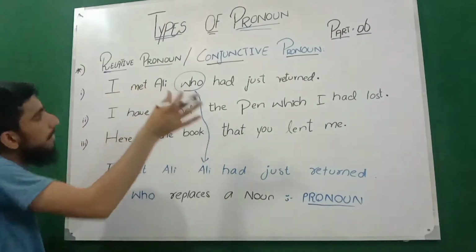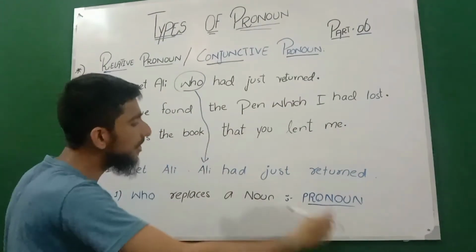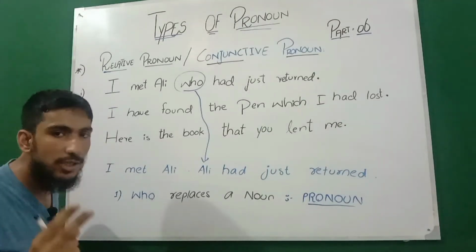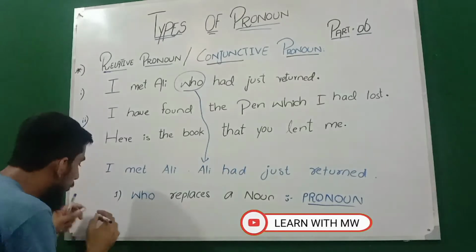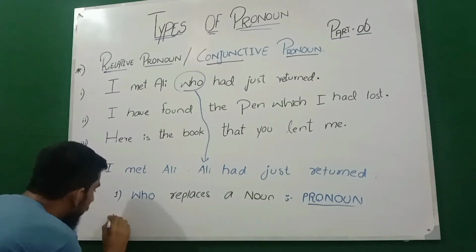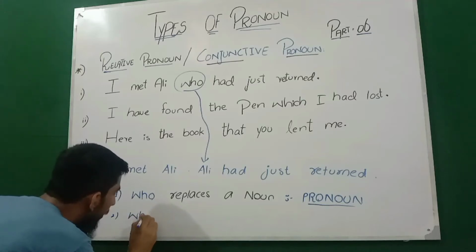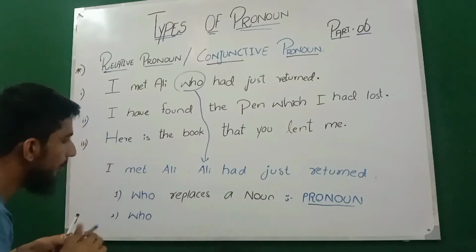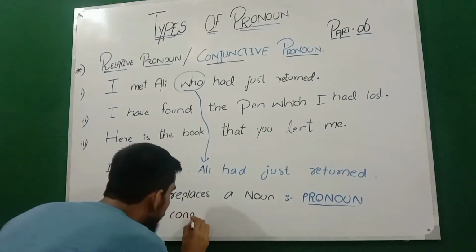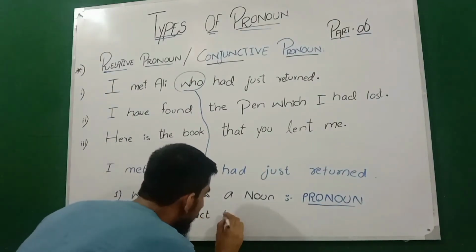Look, these are two statements: I met Ali. Ali had just returned. So that word basically connects two statements. So the second function performed by who is that it connects two statements.